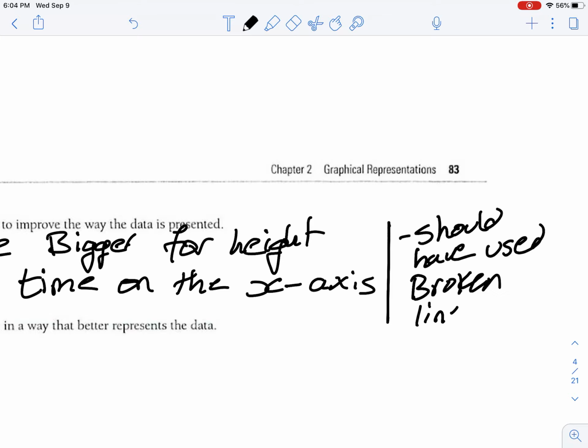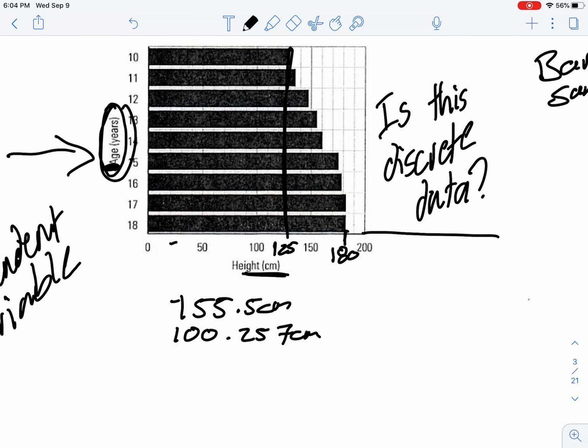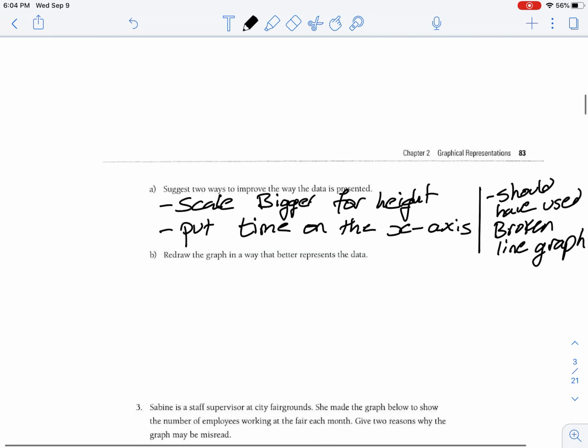Okay, because we can be in between these points, right? From the ages of, let's make it a little easier to see, from the ages of 11 and 12, we are between those heights. So we should be able to connect those points and roughly estimate that.